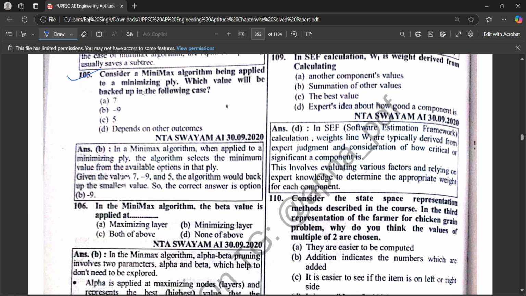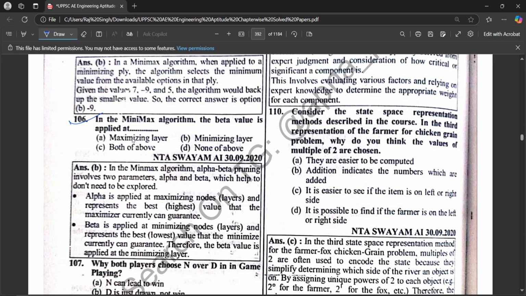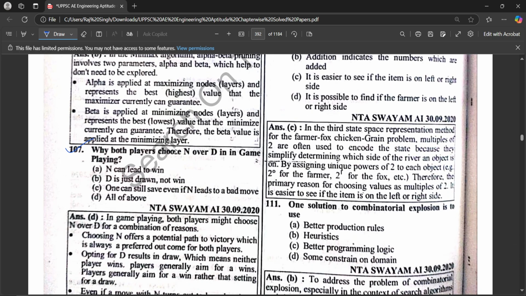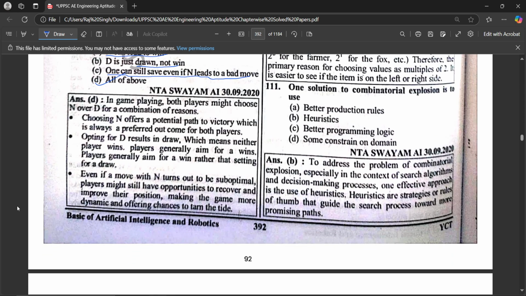Which value will be backed up in the following case? -9. In the minimax algorithm, the beta value is applied at the minimizing layer. Why do both players choose N over D in the game playing? N can lead to a win, D is just a draw, not a win. One can still save even if N needs a bad move. So all of the above.